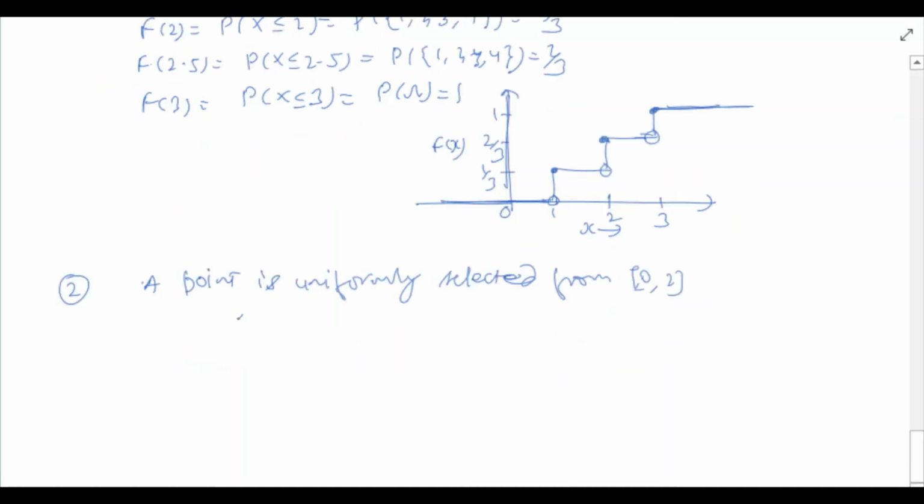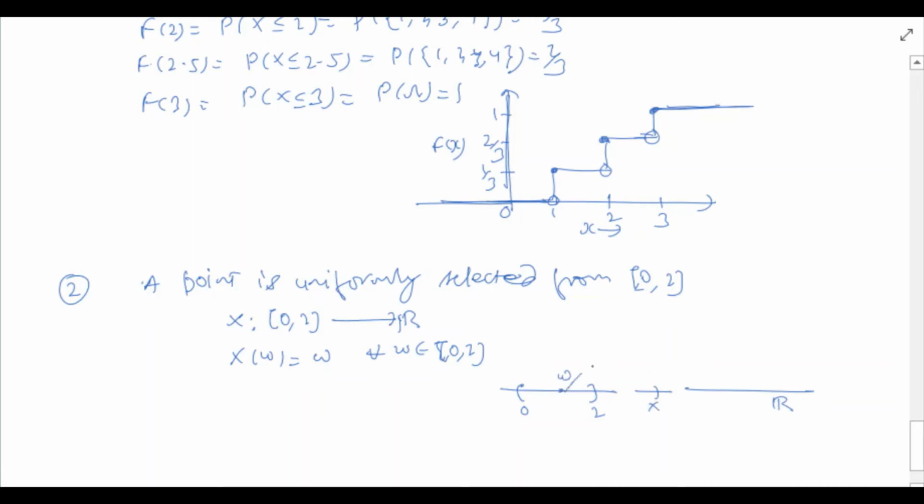We consider a random variable X, that is a mapping from 0 to 2 to R, defined as follows. X of omega is omega for all omega in 0 to 2. In other words, this X takes elements from the interval 0 to 2 and maps them to elements in R, and any point omega in 0 to 2 is mapped to omega in R.